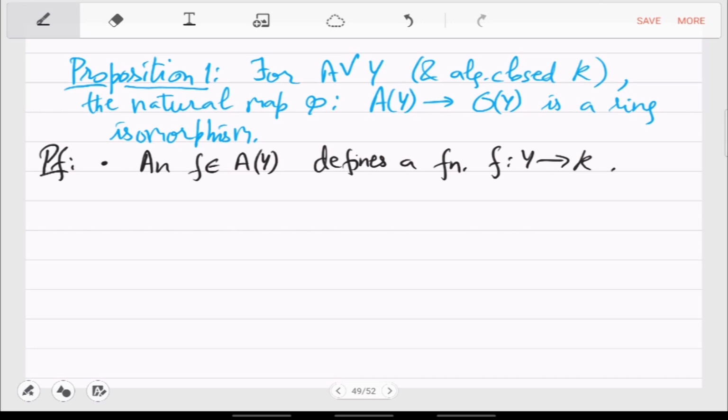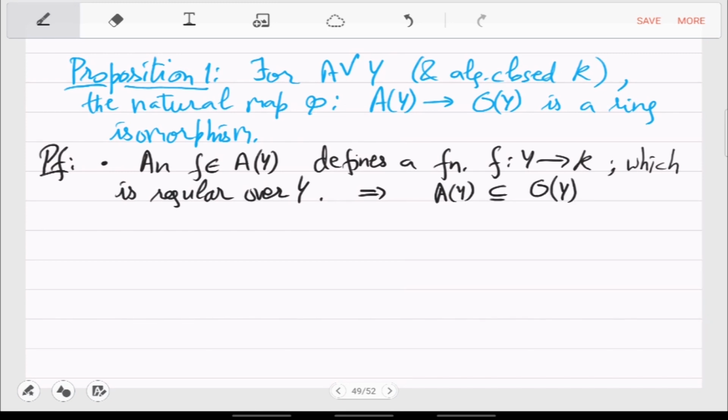So that is the function, and it is regular over Y. This means that we can think of AY as contained inside OY. So the natural map phi is simply containment.